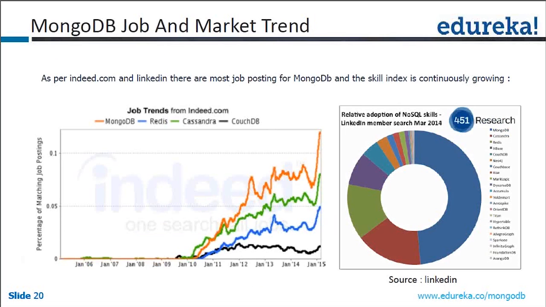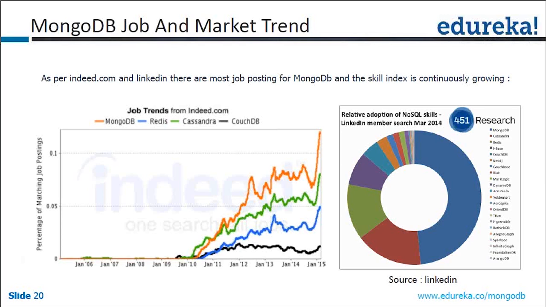One more statistics data we want to present in front of you is the job and market trend. So just take a look at it. On the left side, you will see the current job trends with MongoDB. At the same time, we have also presented some of the other competitors of MongoDB as far as the NoSQL arena is concerned, like Cassandra, Redis, CouchDB.